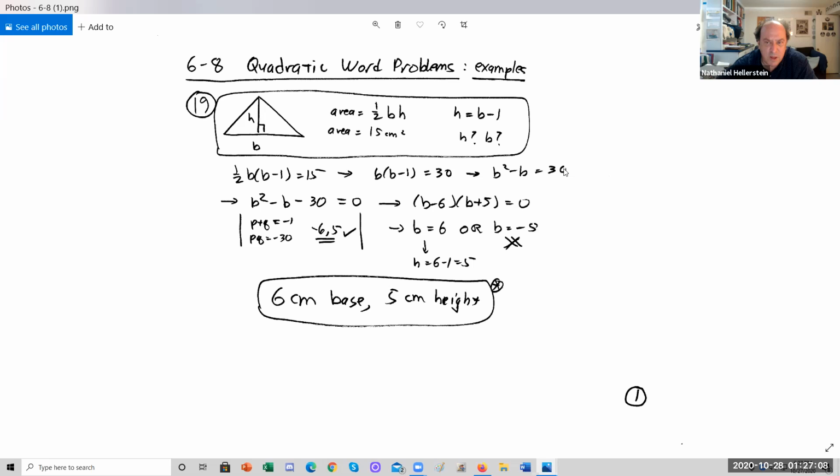So b squared minus b is 30. So b squared minus b minus 30 is 0. There's your quadratic. To factor it, we need p and q with sum equal to -1 and product -30. Long story short, -6 and 5 do it. So we can rewrite this as b minus 6 times b plus 5 equals 0. So therefore b equals 6.